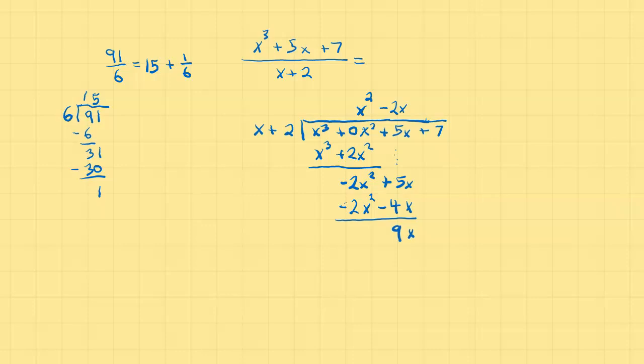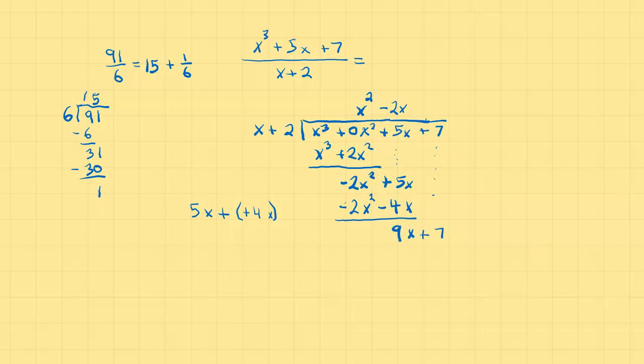It's 5x, I'll write it over here, 5x, take away, and then we had the negative 4x. We're subtracting negative 4x, so that's where we get the 9x, because subtracting a negative is the same thing as adding. Okay, so we did that. Now let's bring down the 7. That's the last term we can carry down, so I know we're almost done here.